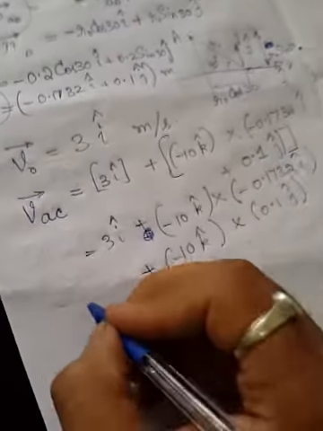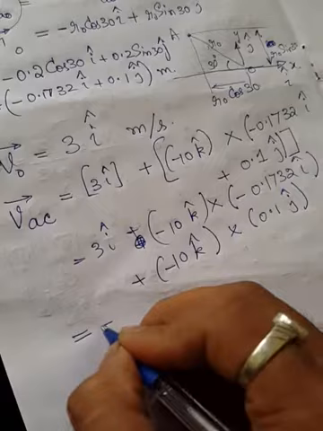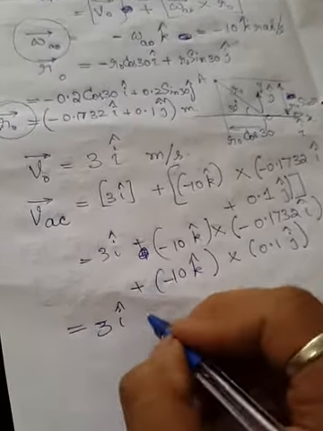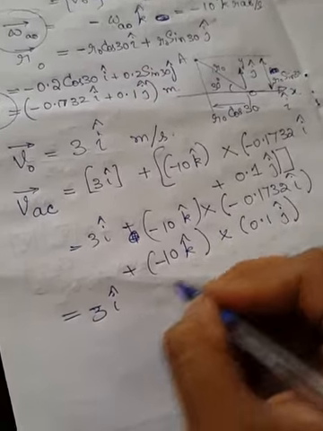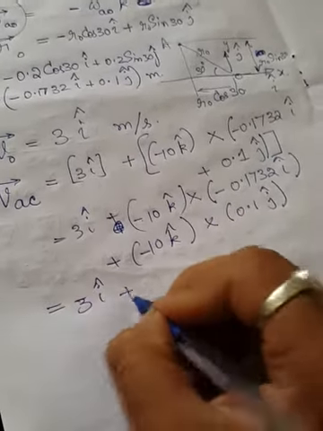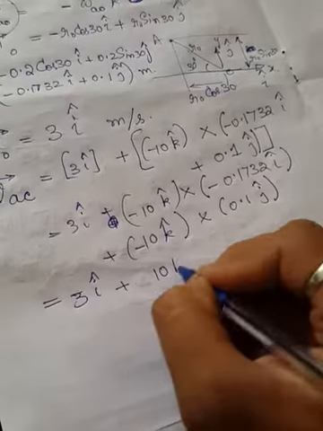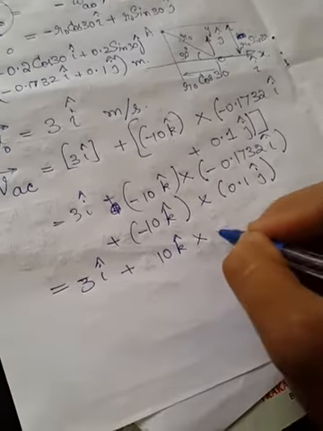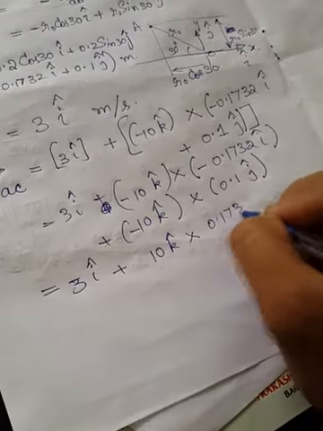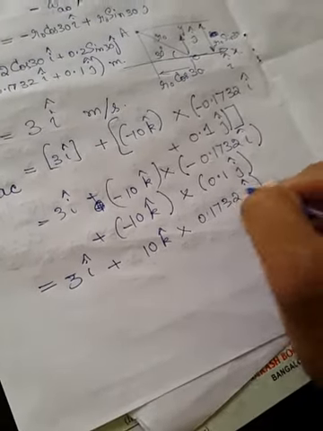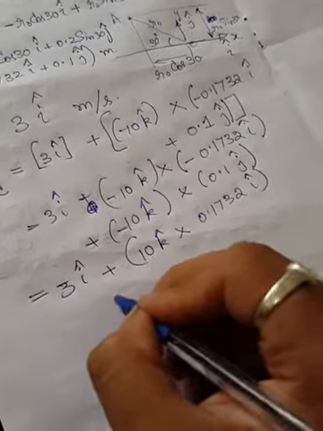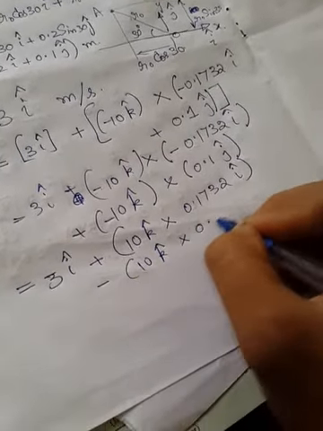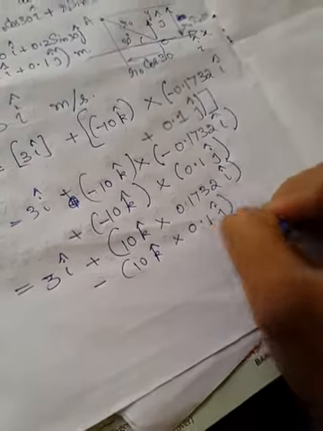Now we simplify further. We have 3i, and then minus minus plus 10k crossed with 0.1732 i, minus 10k crossed with 0.1 j.